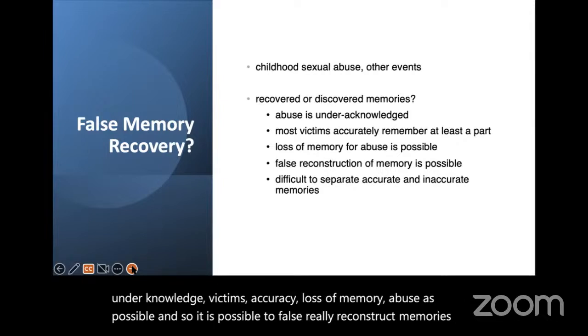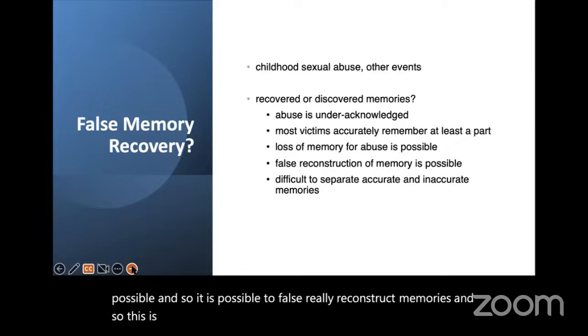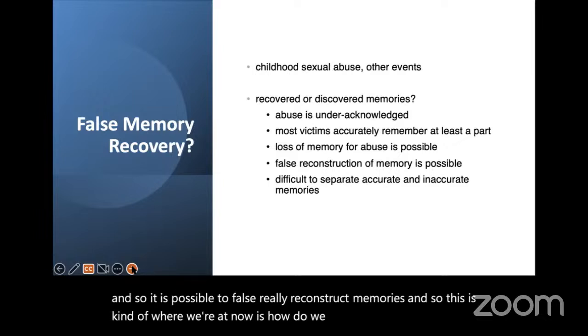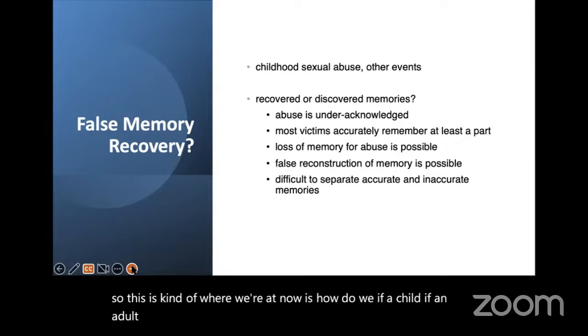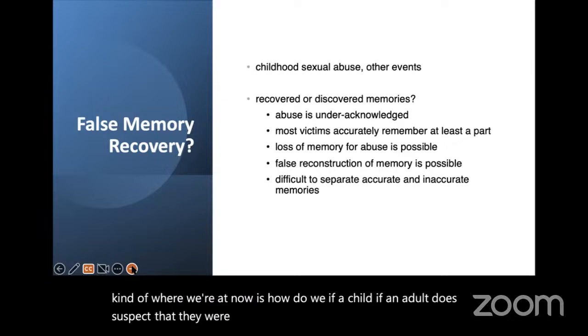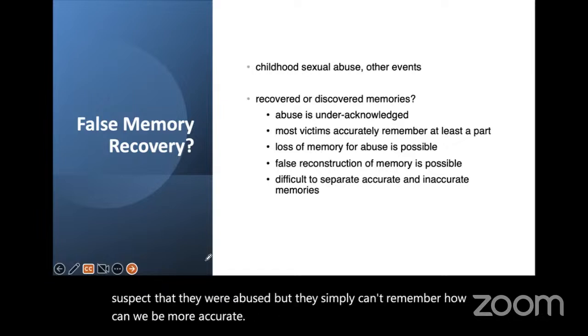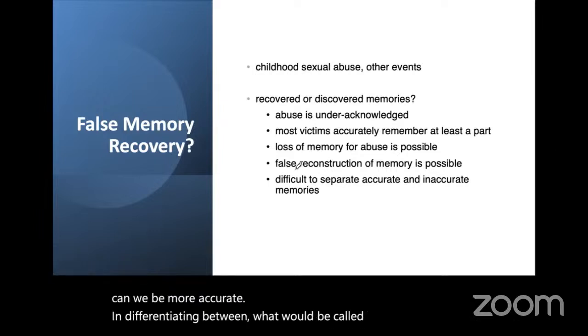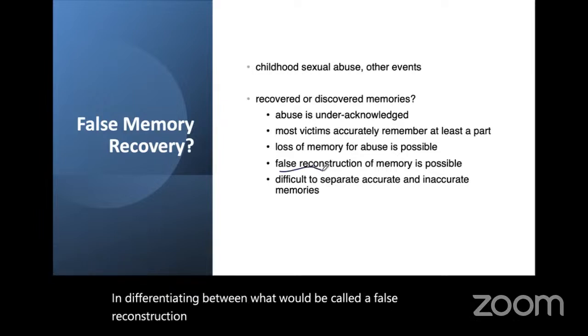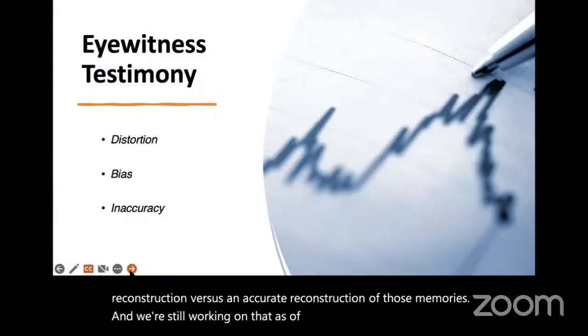This is where we're at now: if an adult suspects they were abused but simply can't remember, how can we be more accurate in differentiating between a false reconstruction and an accurate reconstruction of those memories? We're still working on that as of right now.